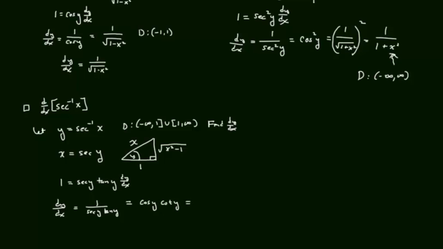And let's look at what that equals. The cosine of this angle y is going to be 1 over x, and the cotangent is going to be 1 over the square root of x squared minus 1.